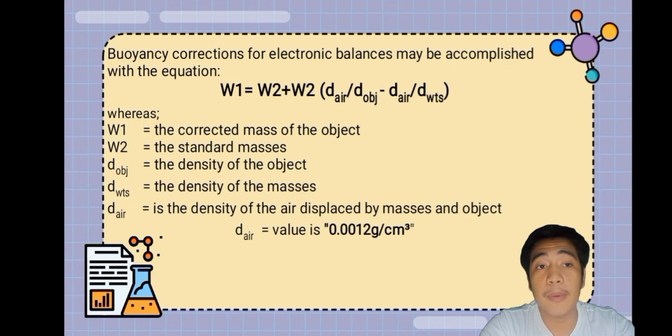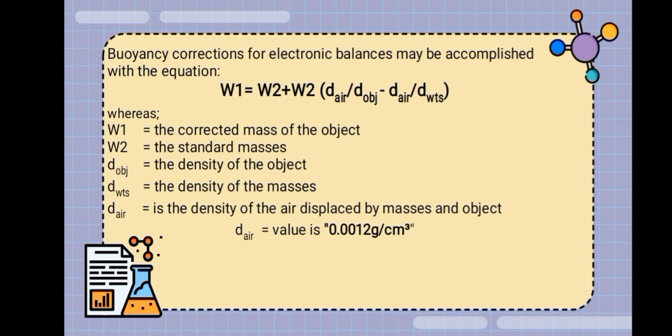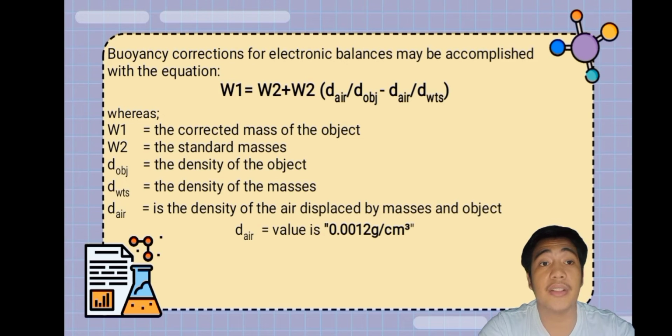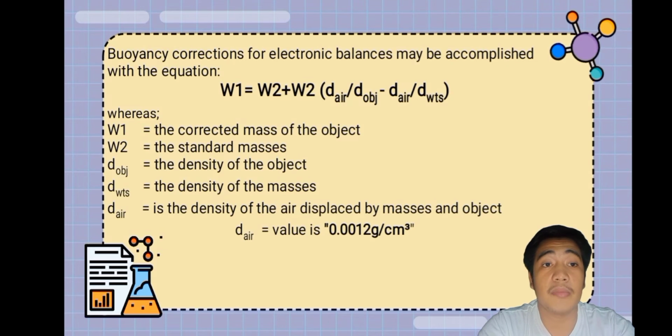Whereas W1 is the corrected mass of the object, W2 is the standard masses, d object is the density of the object, d WTS is the density of the masses, and d air is the density of the air displaced by the masses and object. And the value of d air is 0.0012 grams per cubic meter.